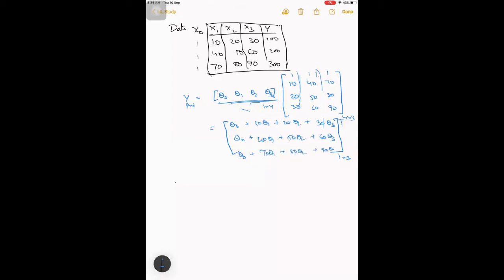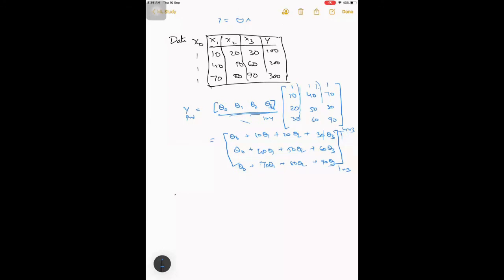If you remember, this is what we are going to do here: multiply theta 1, theta 2, theta 3 with the first example and check with 100. Similarly, we do 40, 50, 60 and check with 200. This is how we get it. So y actual we can also write as 100, 200 and 300.